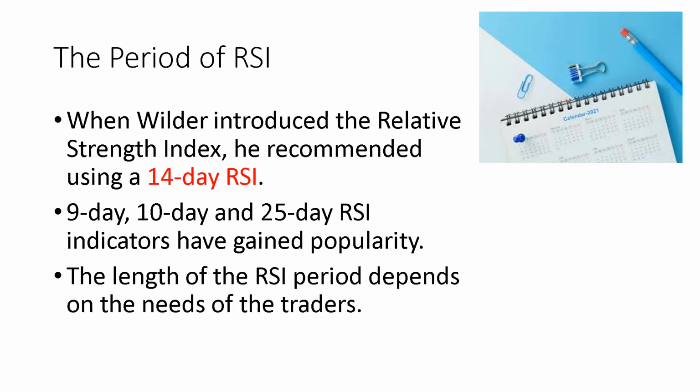If the trader wants to analyze overbought and oversold conditions, then it is better to stick to shorter period RSI. Conversely, if the objective of the trader is to analyze the long-term trend of the asset prices, then a longer-term time period is suitable.